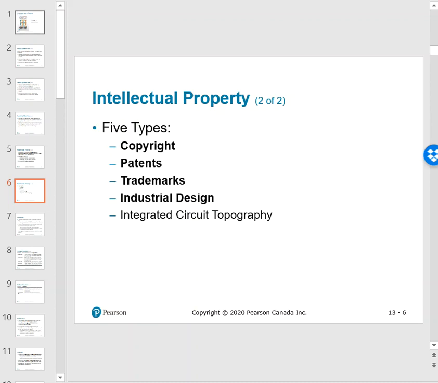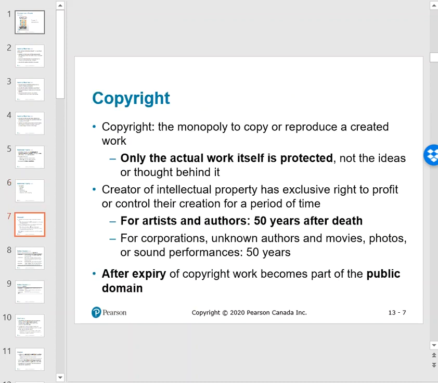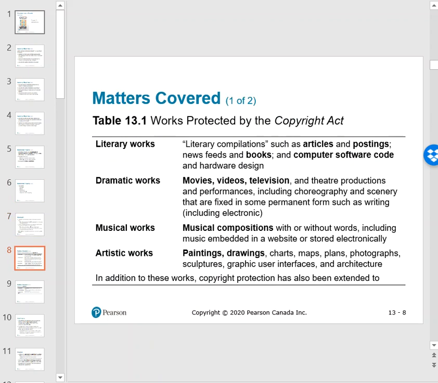What each type of IP, the acronym for intellectual property, protects. And let's start with copyright. So copyright will protect all those types of works, literary works. So any articles you write, any postings you make, books, even computer software.